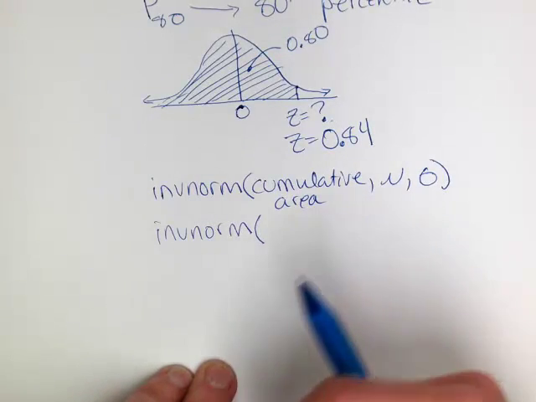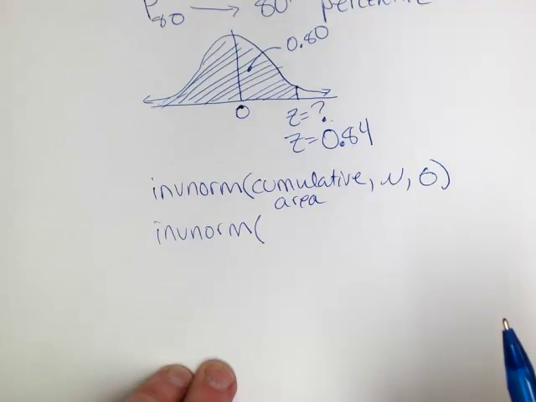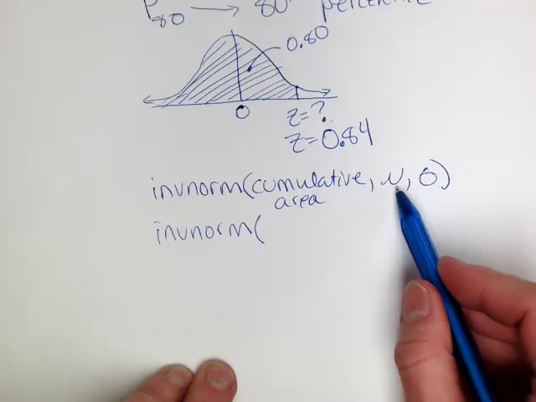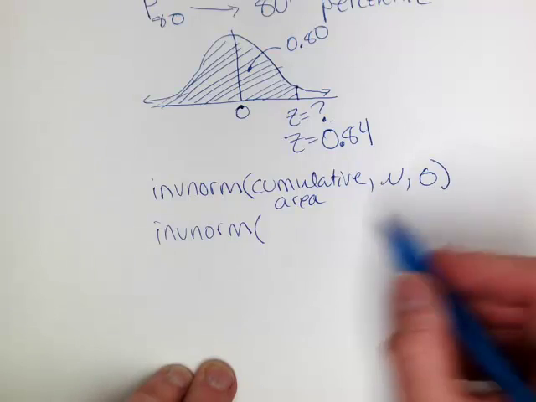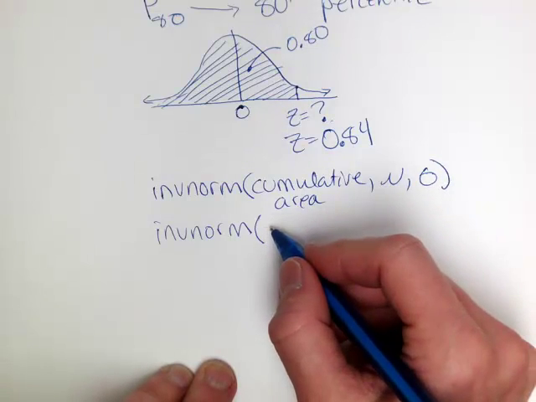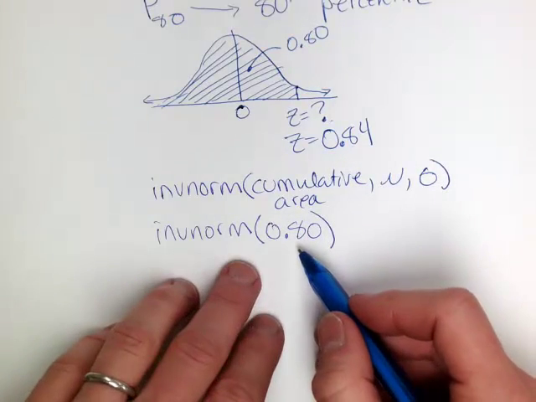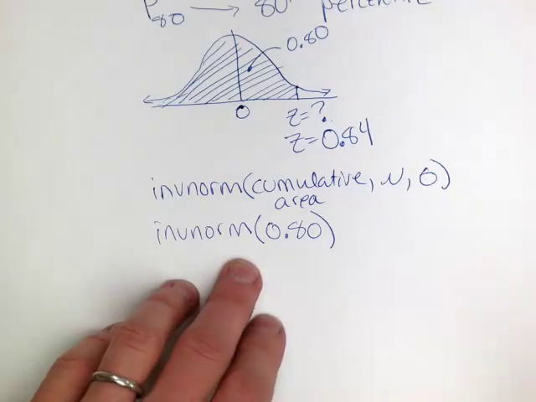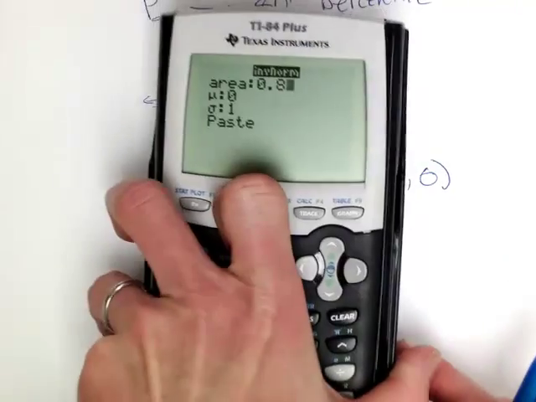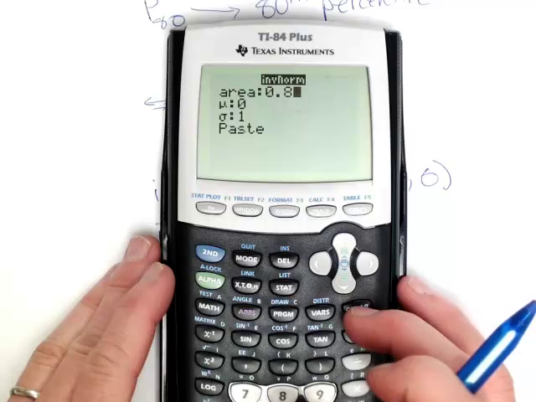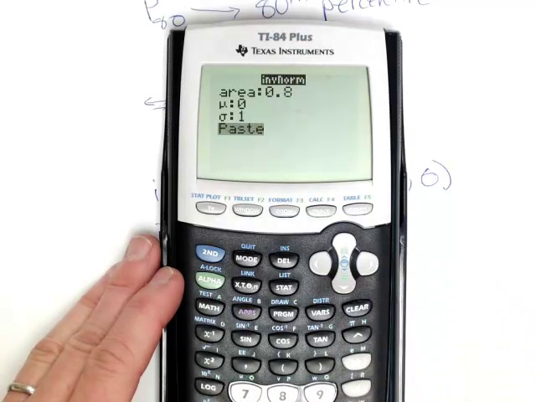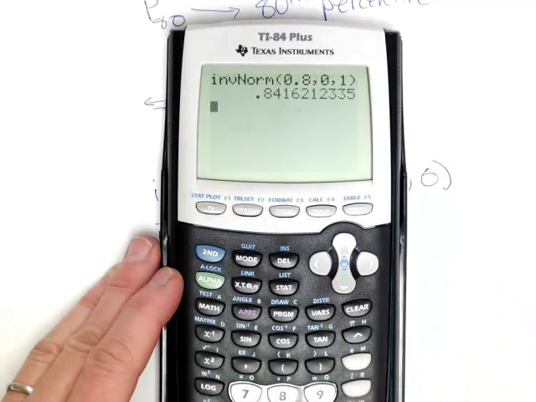In our next example, when we are looking at the non-standard normal case, then you would just extend these two values here. So a cumulative area of 0.8 for this problem, and then I would close parentheses if I was working with the older calculator. Okay, so I have those pieces put in, and I just scroll down to paste and then press enter.